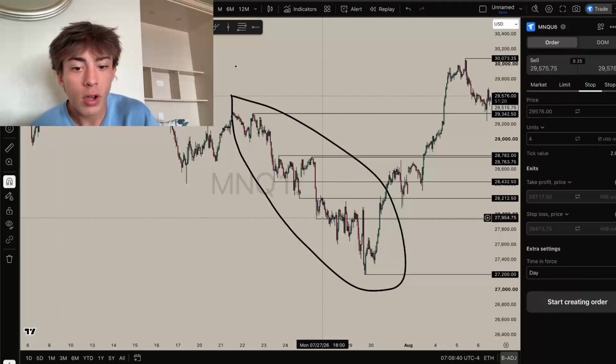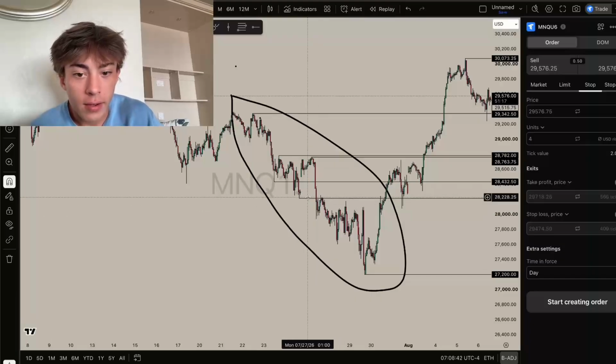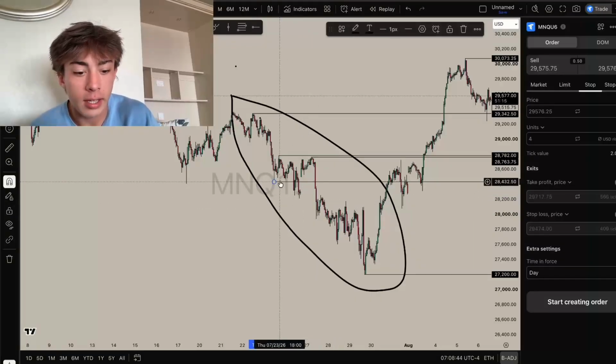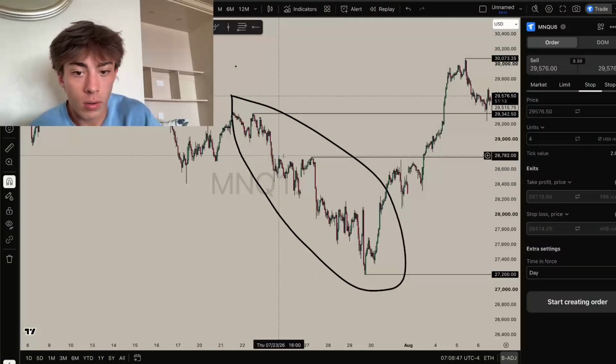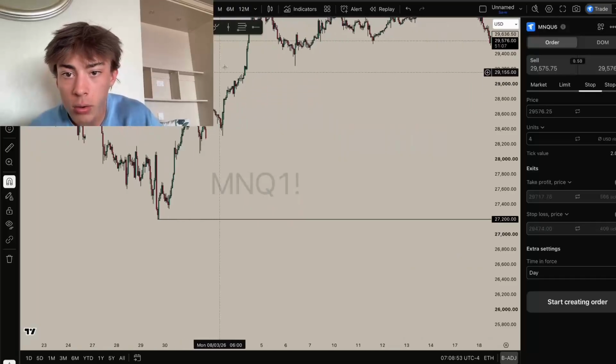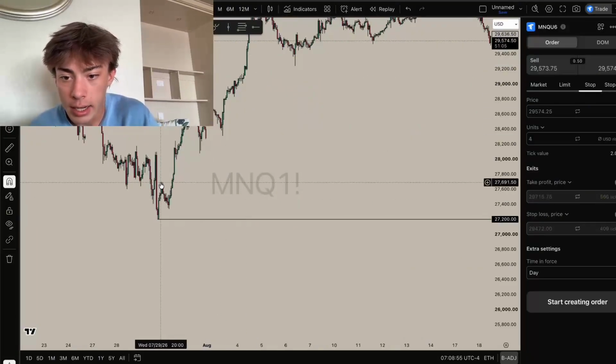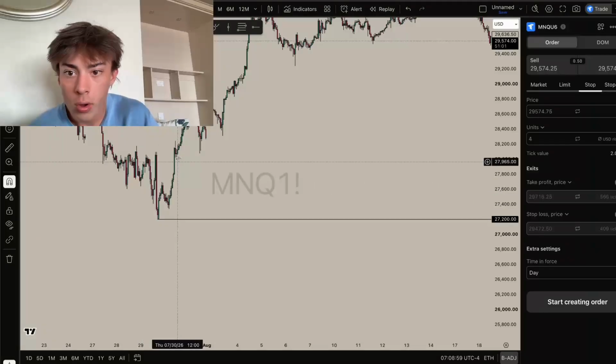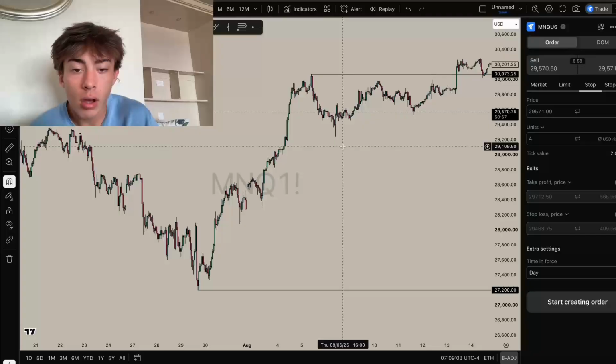And how did we know that the trend flipped on us completely here? Because right after we formed this low, we started forming higher highs. We formed a high, then a higher low, higher high, higher low, higher high, higher low.